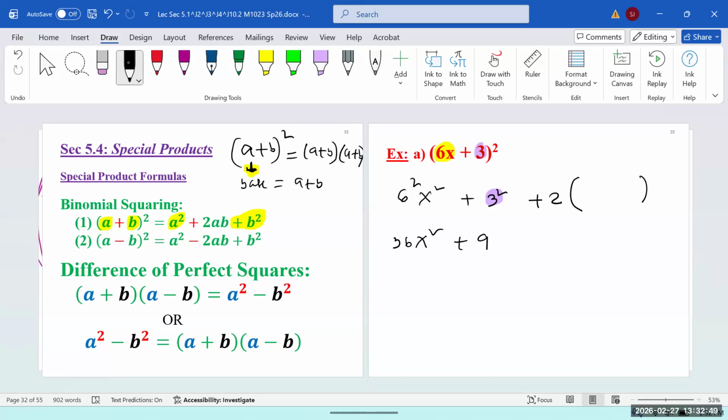What is 6x times 3? 18x. And what is twice the 18x? The double of 18x is 36x. So in decreasing power order, this is 36x squared plus 36x plus 9.